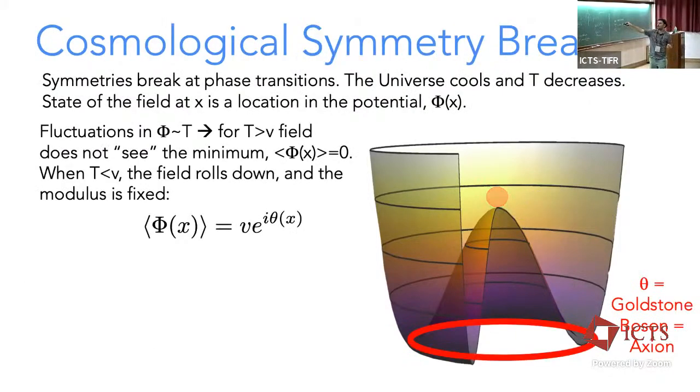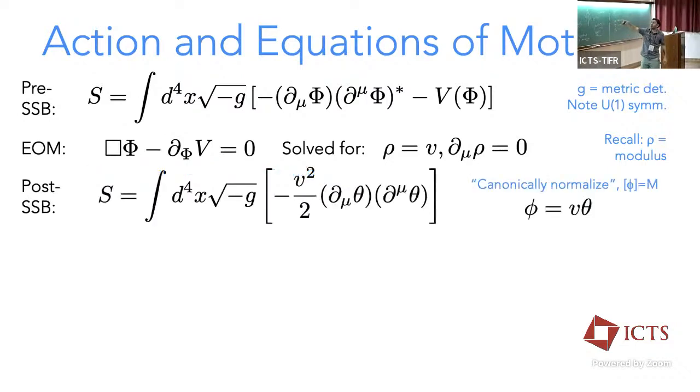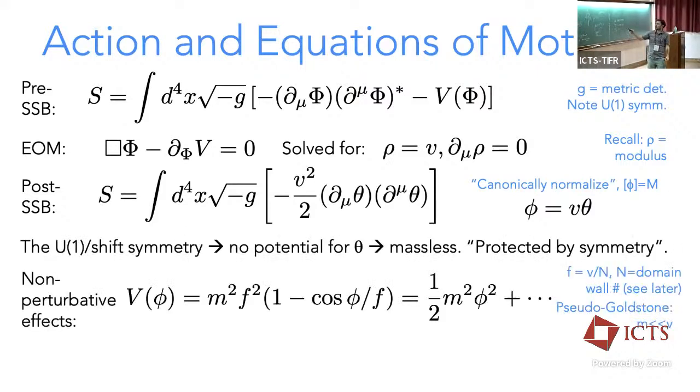As long as the mass of the radial mode is large, then d mu rho will be approximately 0. In tomorrow's lecture, we will relax the assumption that d mu rho is 0. But for the purposes here, we're just fixing it onto its vacuum expectation value. To use the particle physics jargon, I'm integrating out rho. But it's not strictly necessary.